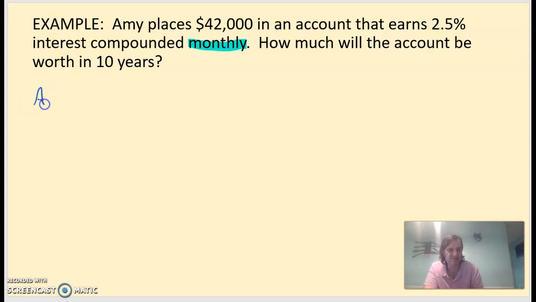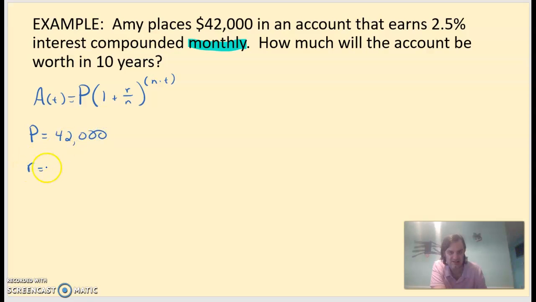So the formula was A of t equals P times 1 plus r over n raised to the n times t. So let's see if we can identify what we have. We're trying to figure out the ending amount, so we don't have A, but we do have a starting amount. You can look back at the formulas if you like. The starting amount P is $42,000.